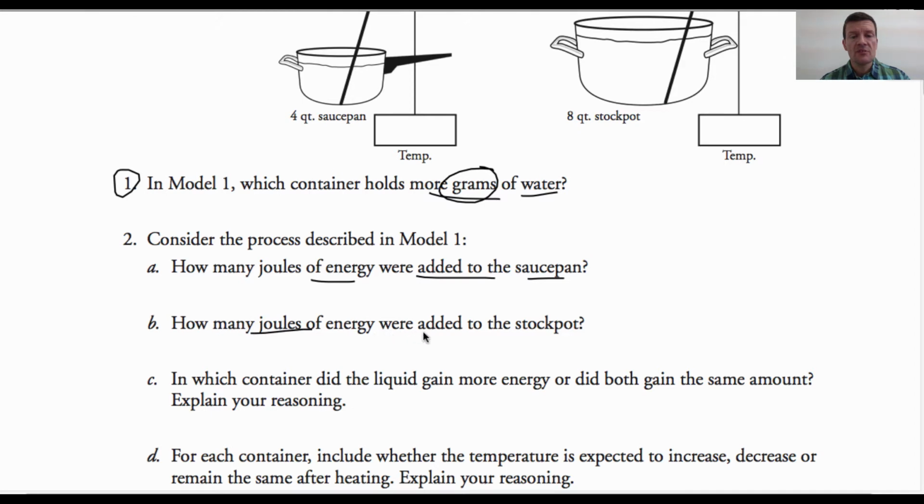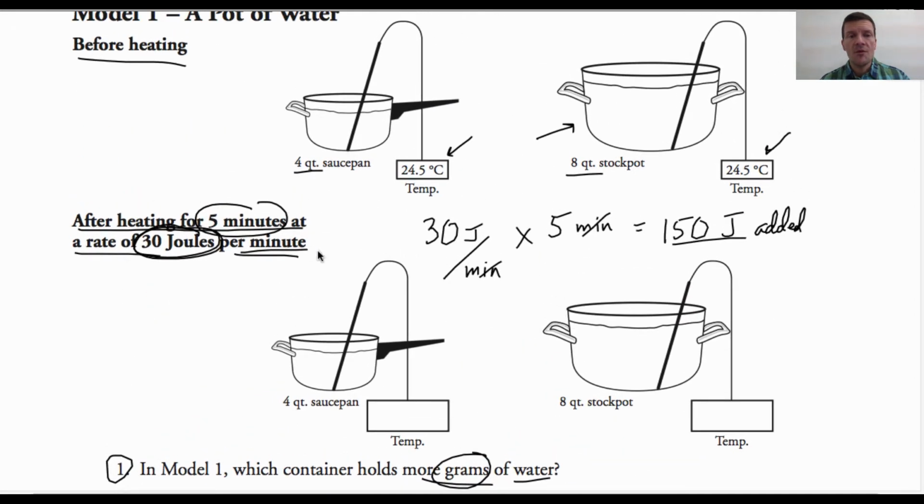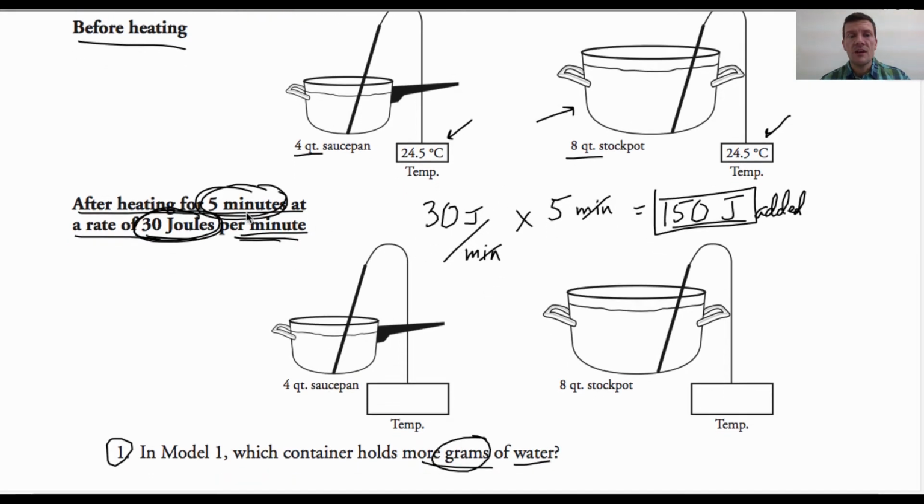How many joules of energy were added to the stock pot? It would be the same amount. Both of them were heated for 5 minutes at 30 joules per minute for a total of 150 joules added. So it doesn't matter which one. Both of them were heated for the same amount of time at the same rate. Both of them are going to receive 150 joules.